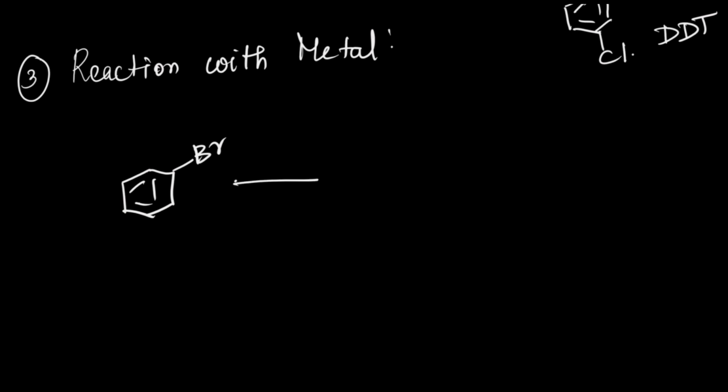I'm treating it with many metals. The first I would take sodium. Sodium with dry ether. Ma'am, is that Wurtz reaction? No, it's not Wurtz reaction. Wurtz reaction is only for alkanes. It's not for aryls. Then what is this? It's having the same reagent. Yes, this reaction is called Fittig reaction.